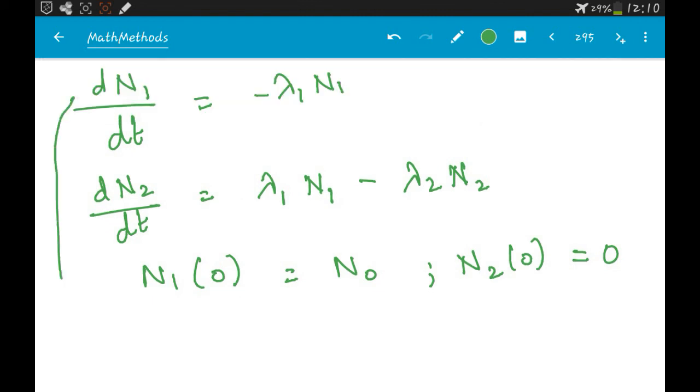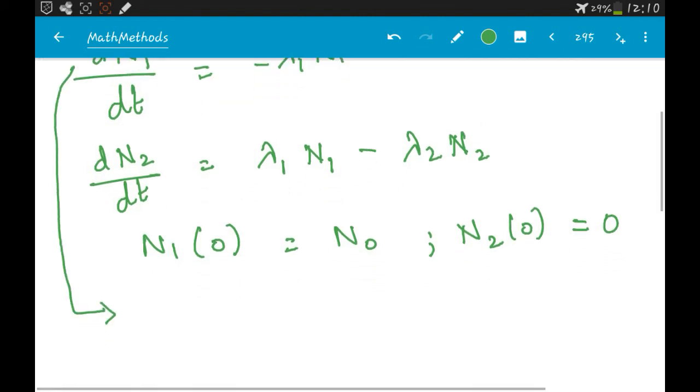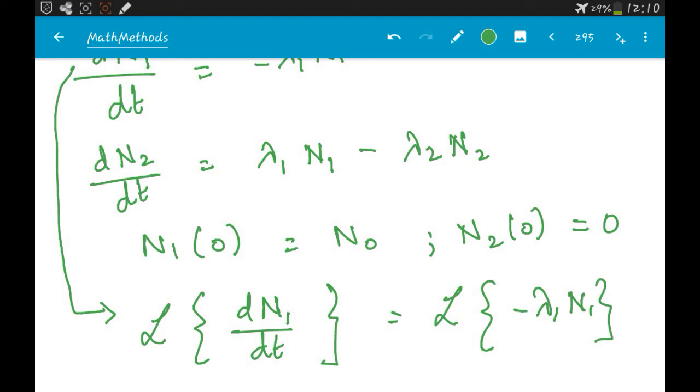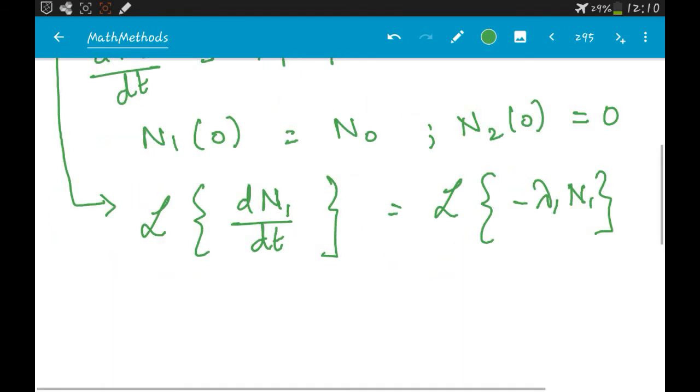So first of all, dn1 by dt. When you take the Laplace transform of dn1 by dt, what will you get?